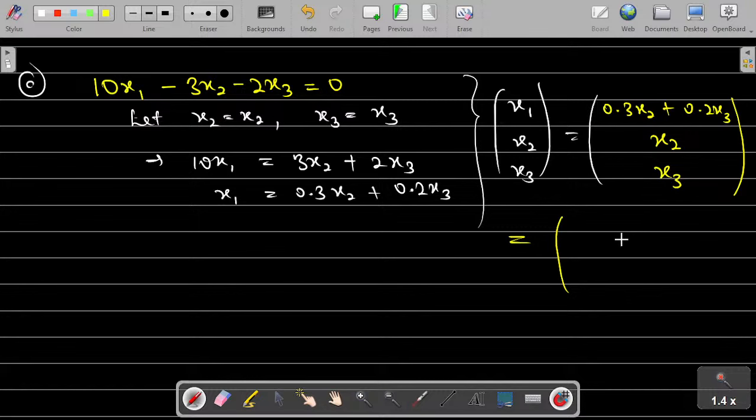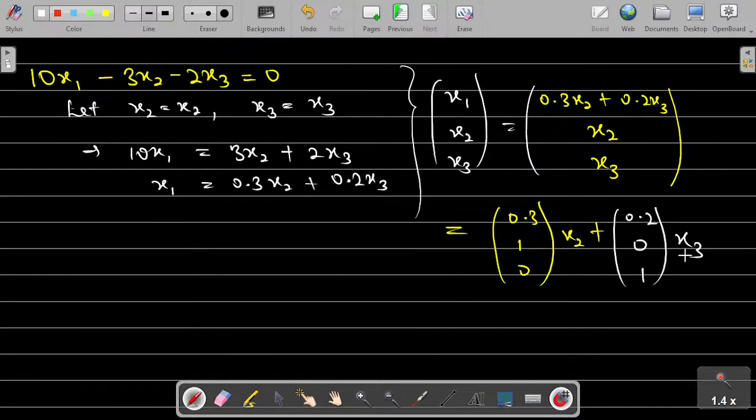So this is going to be 0.3, 1, 0, multiplying x2, plus, for x3, you are going to have 0.2, 0, and 1, multiplied by your x3. So this is your x1, x2, and x3.